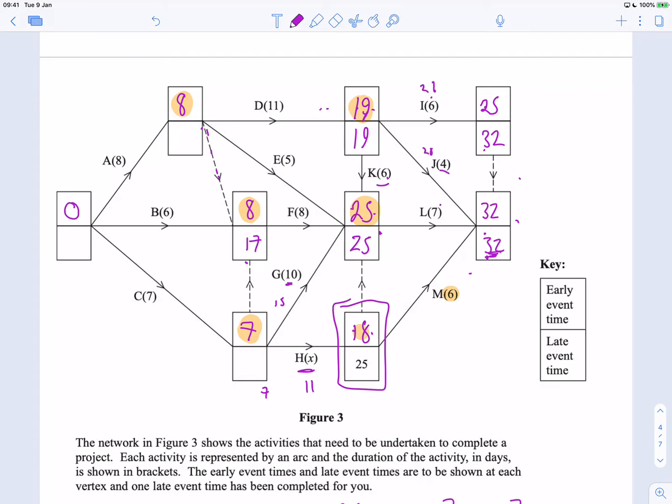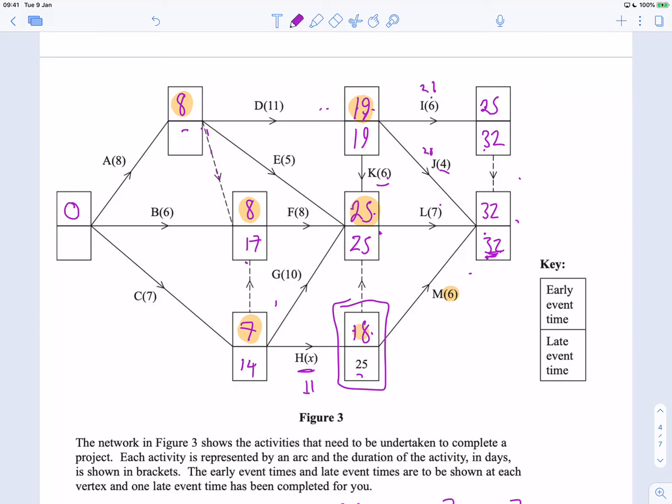Oh, sorry, it's not the 18. It's 25 minus 11. This has to be a 14. So yeah, this has to be a 14 because I want the earliest late time.